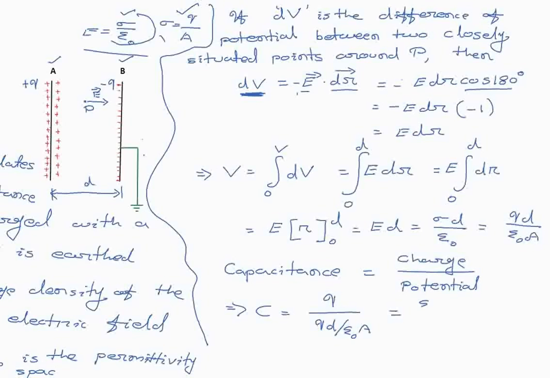So epsilon naught A divided by d. That is the capacitance of a parallel plate capacitor when the air medium between the two plates is epsilon naught A divided by d.